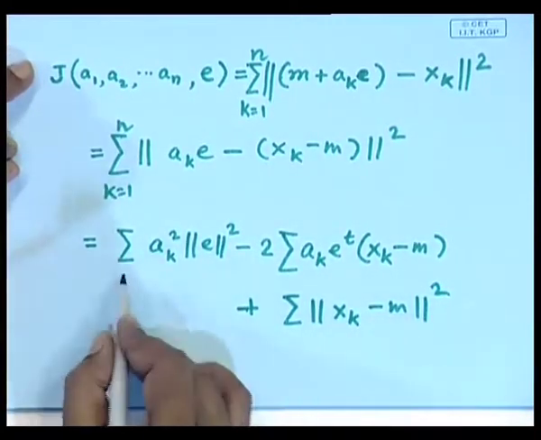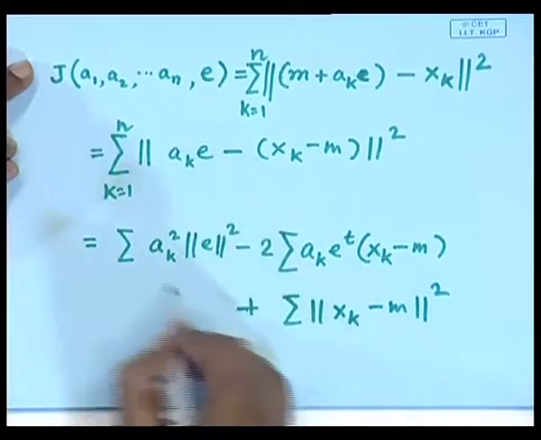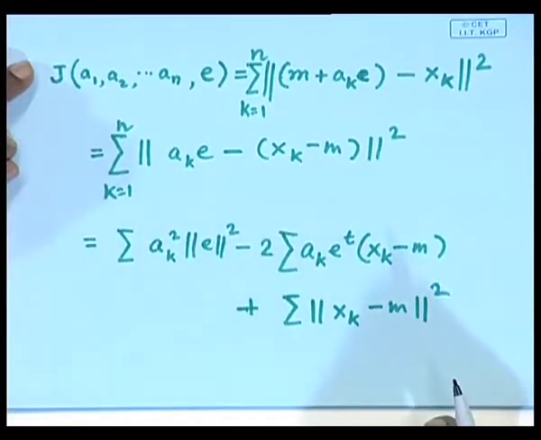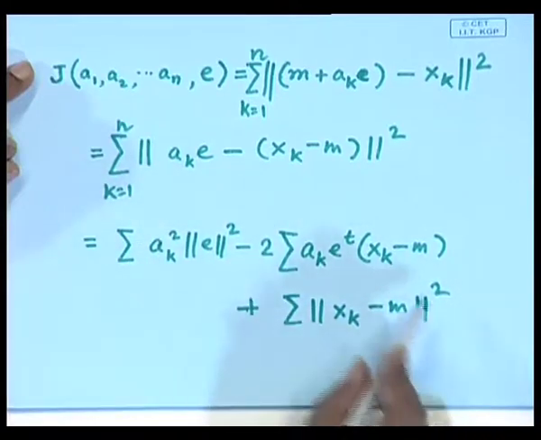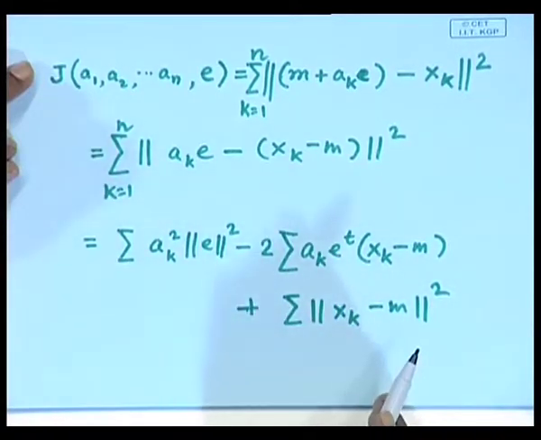I am not writing the limits of summation; it is k varying from 1 to n. So, this is my sum of squared error.